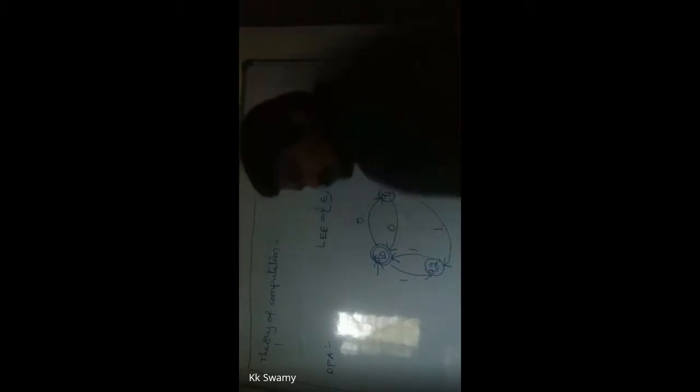No sir, because 0 0 1 1 or 1 0 1 0. 0 0 1 1 is accepted, okay. But what I am telling, is 0 1 1 accepted or not from this diagram?